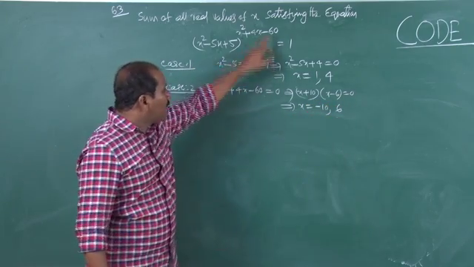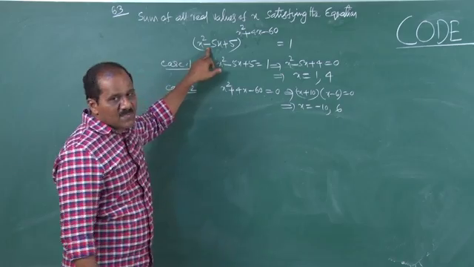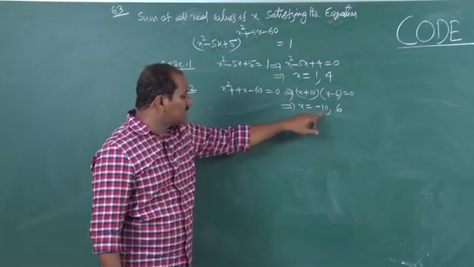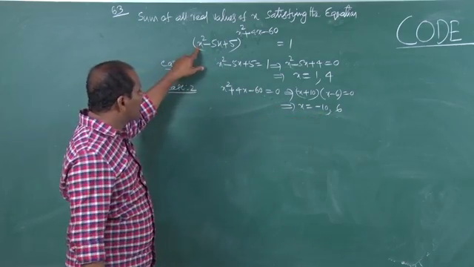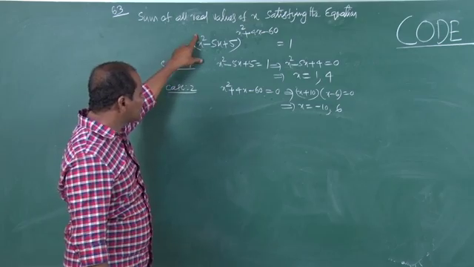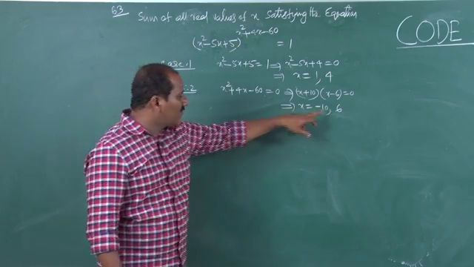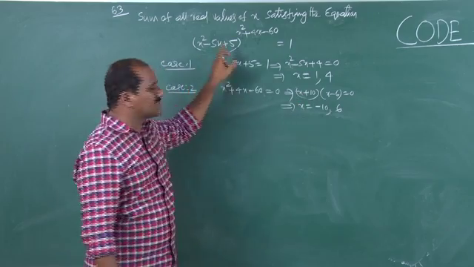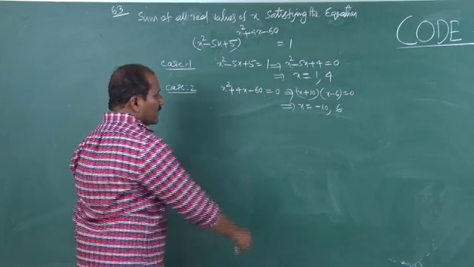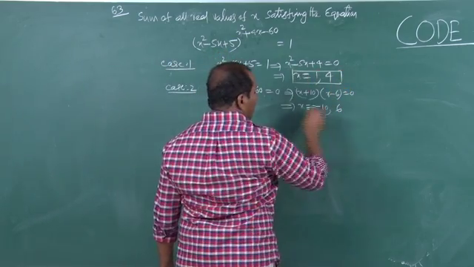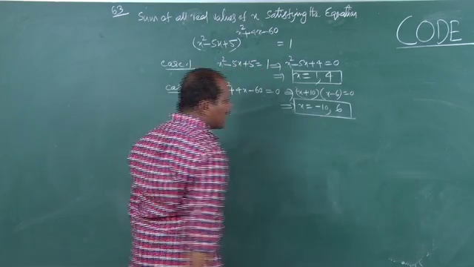Since we take power equal to 0, base should not be 0. When you put x equal to 6 or -10, you can observe that when x is equal to 6, 36 - 30 + 5 is not equal to 0. When x is equal to -10 also, base is not equal to 0. So here two values x = 1, 4, and here two values x = -10, 6.